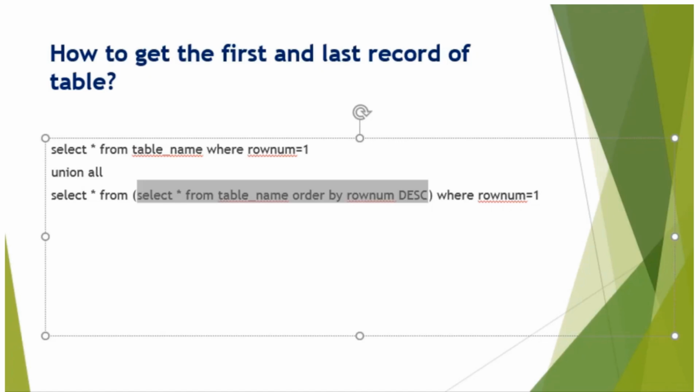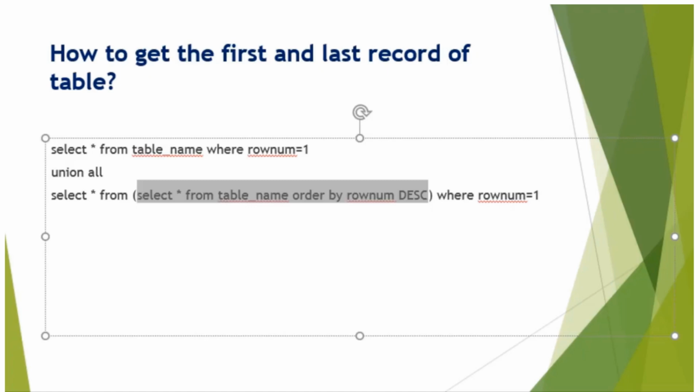We are giving the rownum value in descending order, so it will display from last to first.